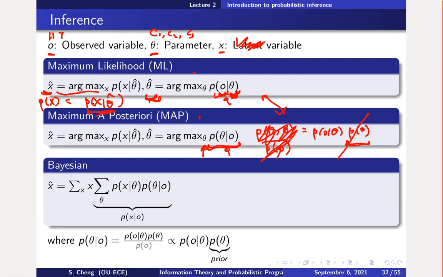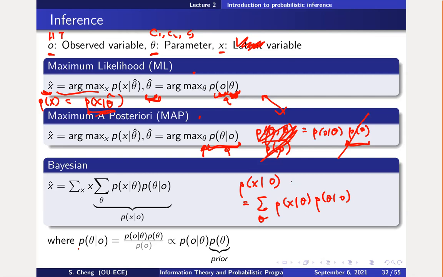But if I want to do Bayesian, for example, if I try to estimate Px given my observation, we'll be simply trying to estimate Px given theta and P theta given O, summed over all theta.